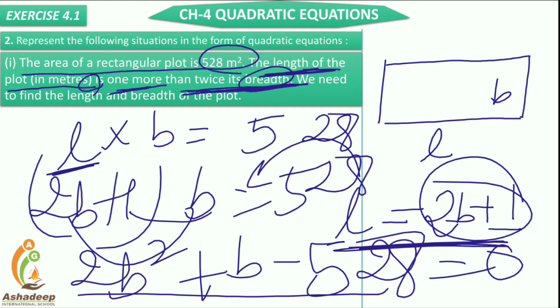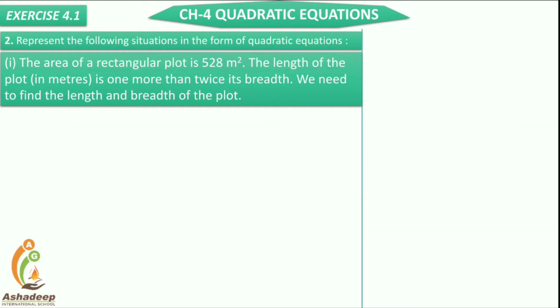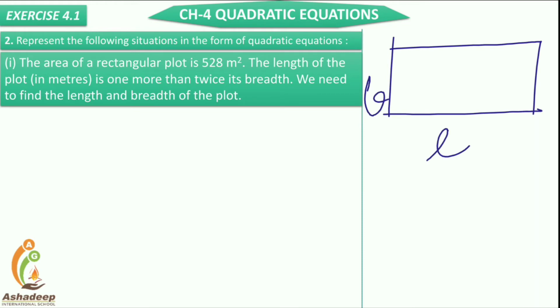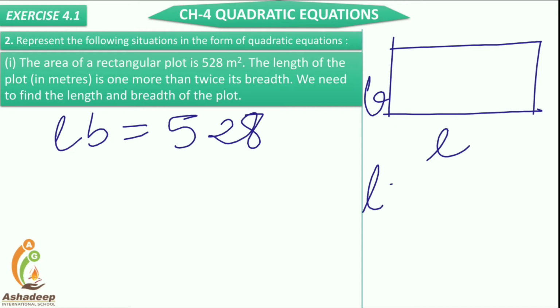Right? So very simple. Once again I am making you understand. Say we have the rectangle has a length and breadth. So we have given the area, that is L into b, that is going to be 528. Here it is given that length is, one more means plus 1, twice that of the breadth.